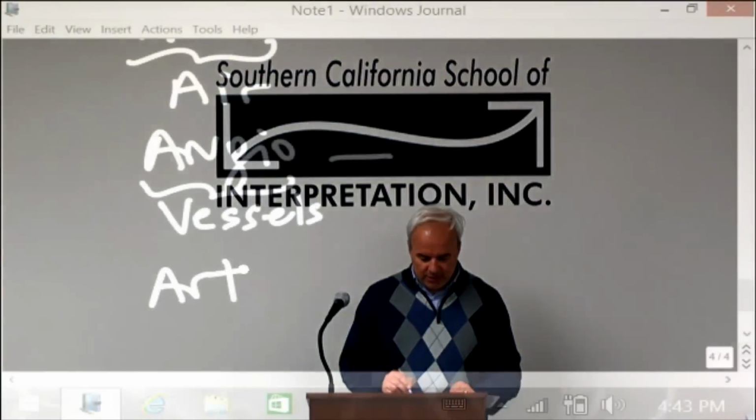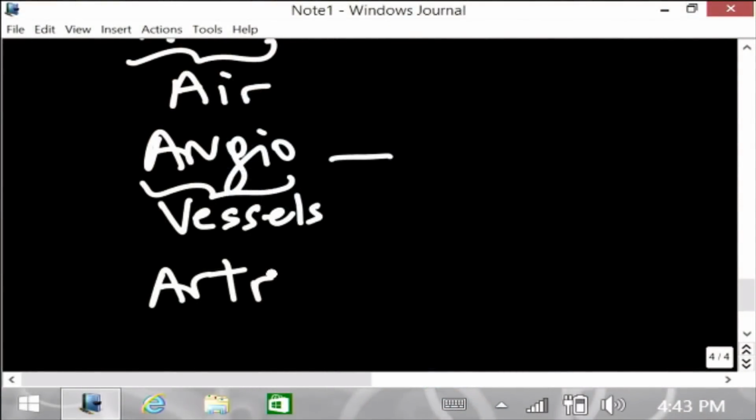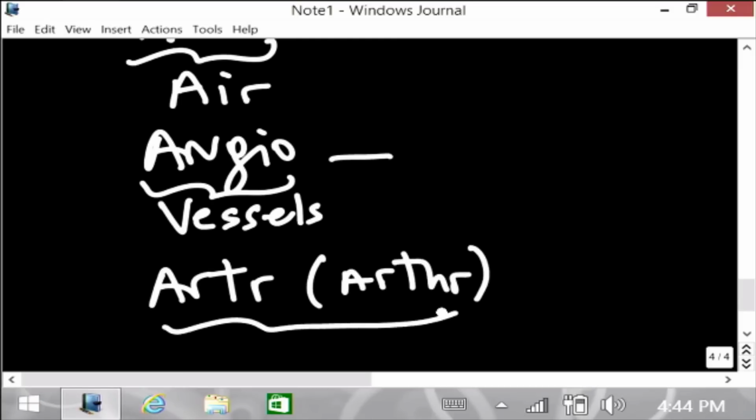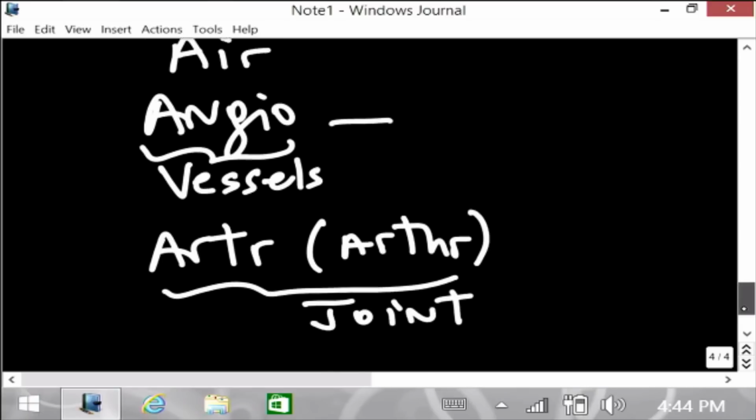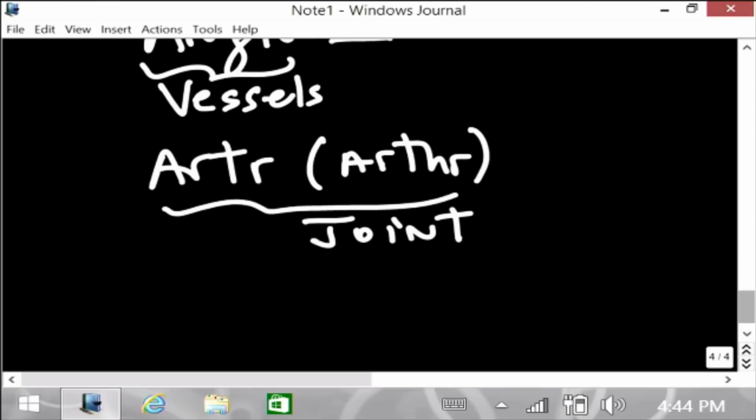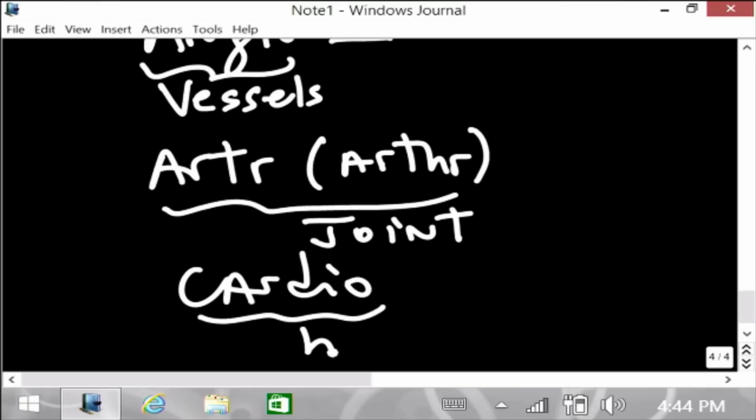Art in Spanish, in English you may see it with an H. This refers to joint. Okay. If the word starts with cardio, we already know what that is. It refers to heart. Okay.